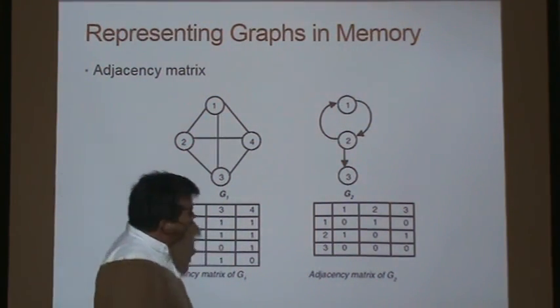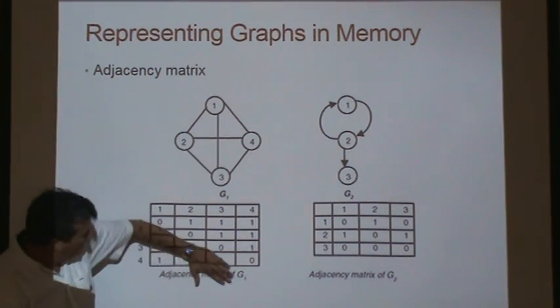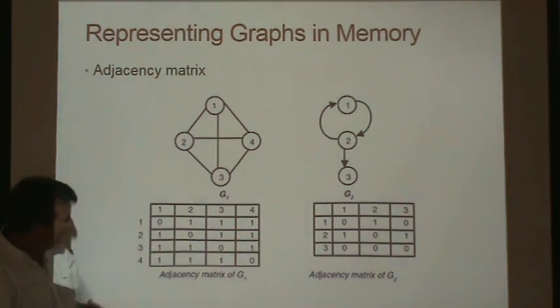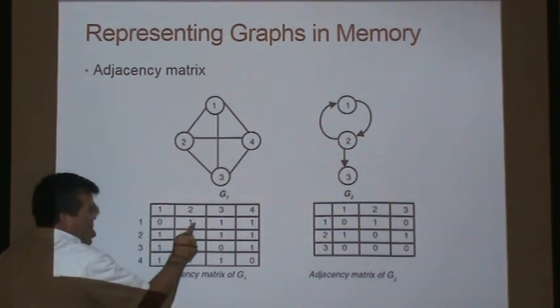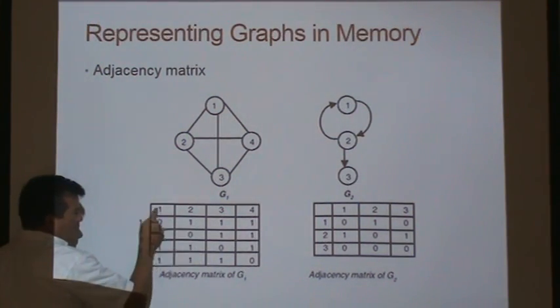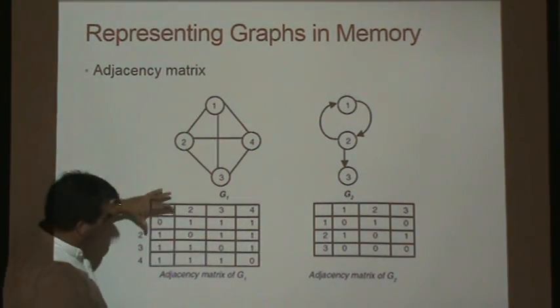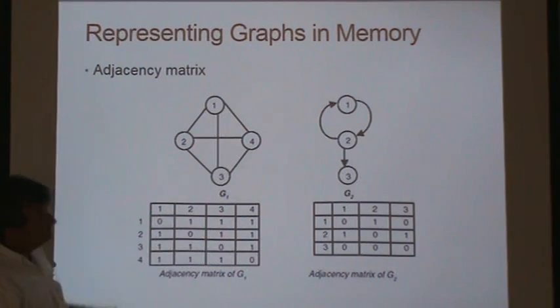In this case, we have redundant data. We actually don't even need half the matrix, right? If 1 is connected to 2, then we know 2 is connected to 1. Here we're recording that 1 is connected to 2, and we're also recording that 2 is connected to 1. So this line was actually recorded twice in this matrix.